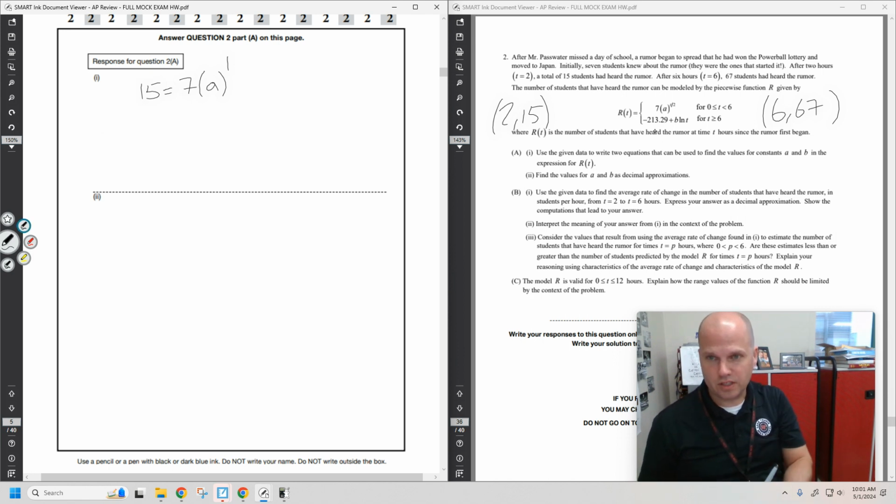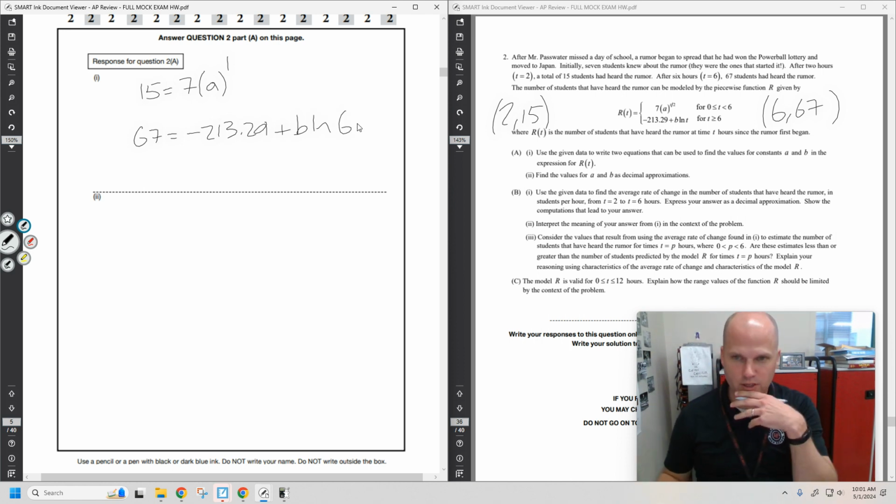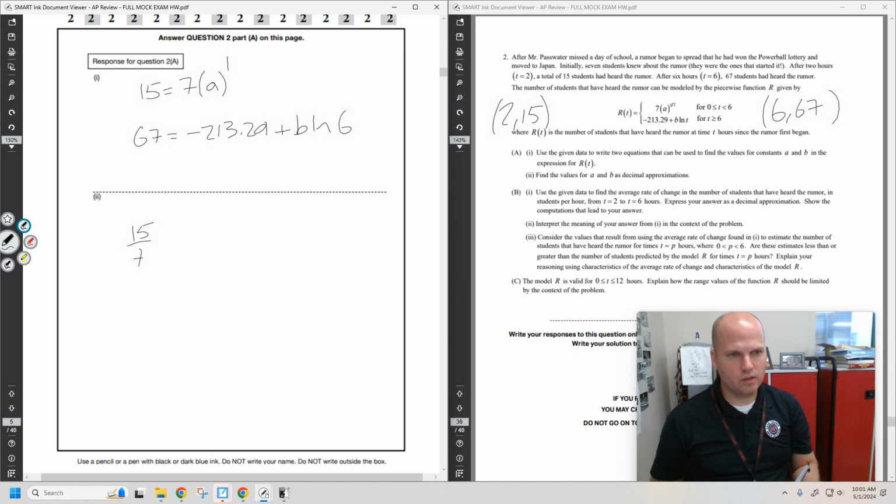I'm plugging in 6 into the bottom piece. 67 equals negative 213.29 plus b log 6. And find a and b, algebraically very simple. Probably going to, I could show my work here. 15 over 7 is a. And then they want them as decimal approximations, so you better give them a decimal approximation.